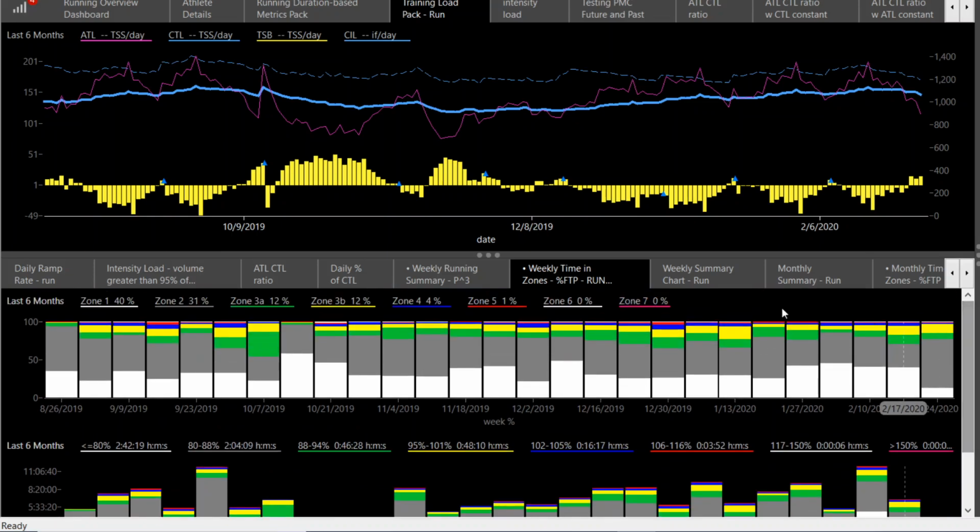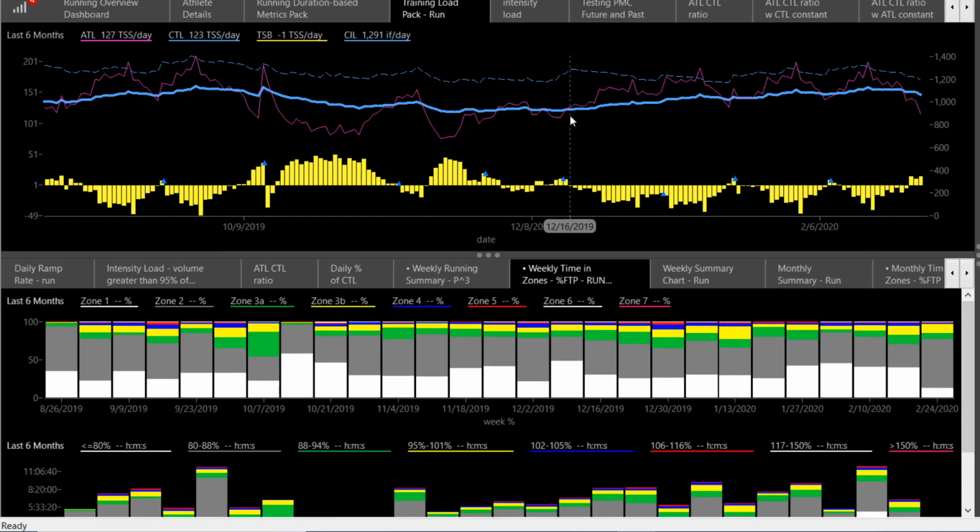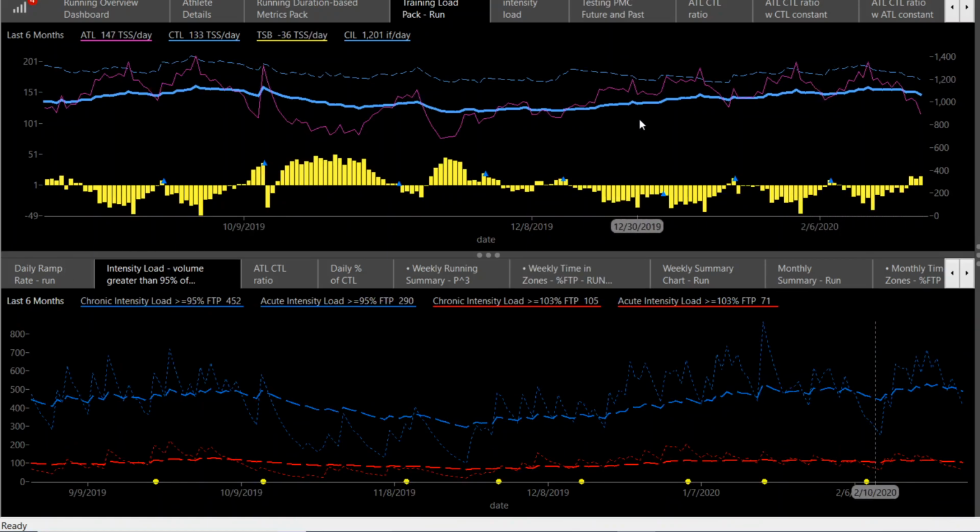So, in other words, as we're looking at our chronic training load, there are a lot of things we want to do as we're interpreting. Yeah, we want to build it. We want to build it at the right ramp rate. But we also want to know how we are building that in terms of composition.